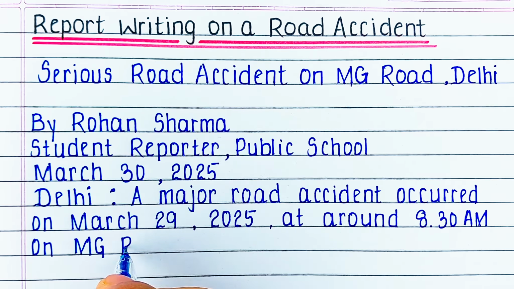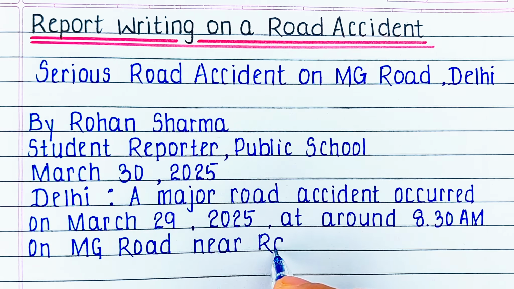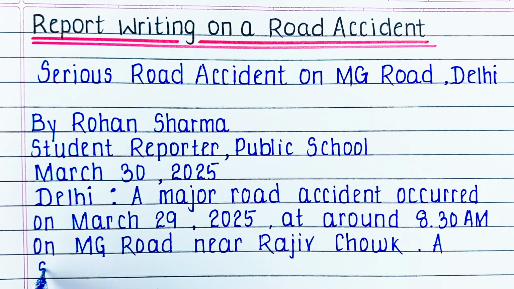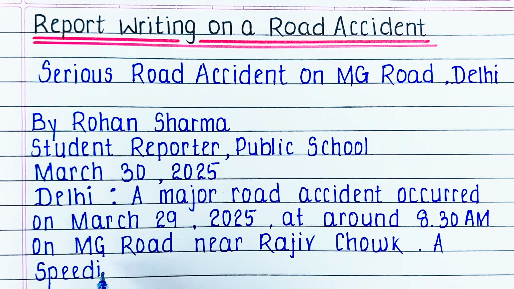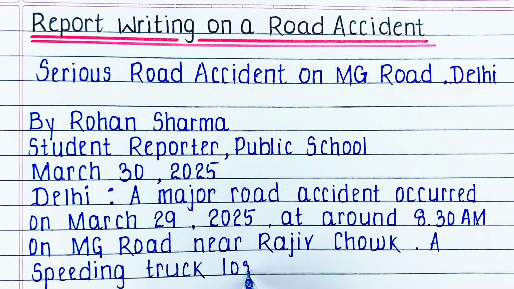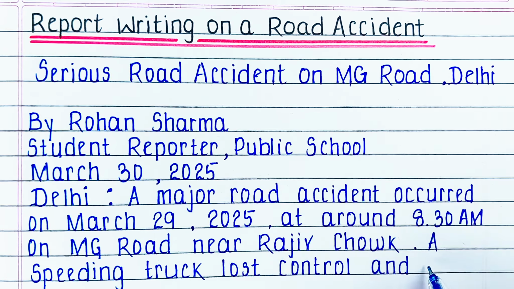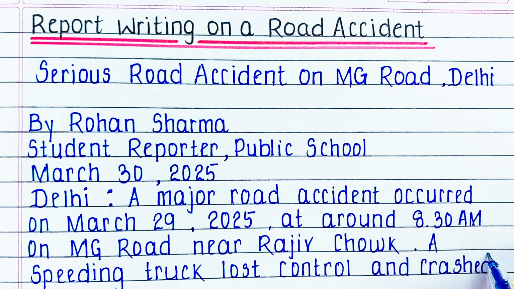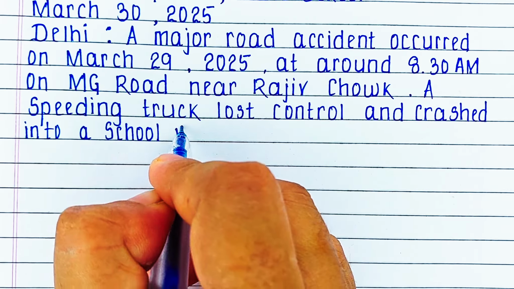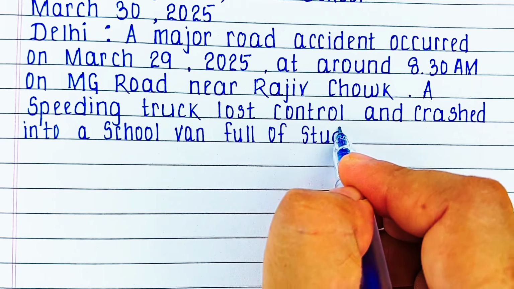A major road accident occurred on March 29, 2025 at around 8:30 am on MG Road near Rajiv Chowk. A speeding truck lost control and crashed into a school van full of students.